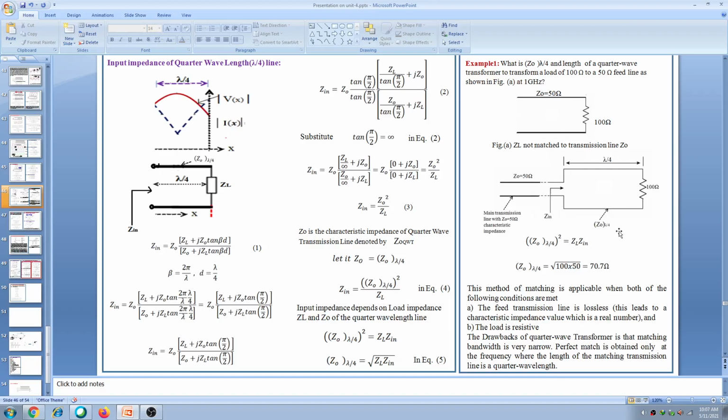So we open here and insert a matching network in between. I have shown that here. This acts as an impedance matching device. I explained this in the previous class also. This is the main transmission line and this is the load, and in between we introduced this quarter wave transformer, and we are adjusting the input impedance of this quarter wave.